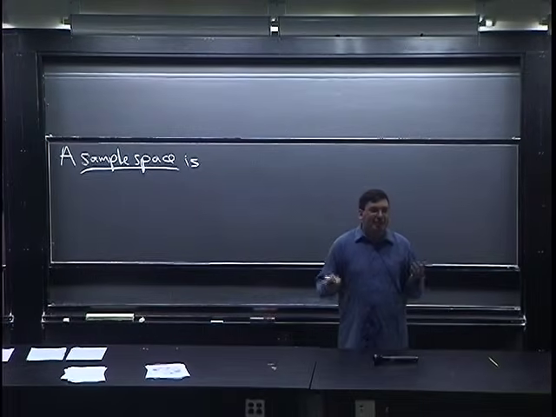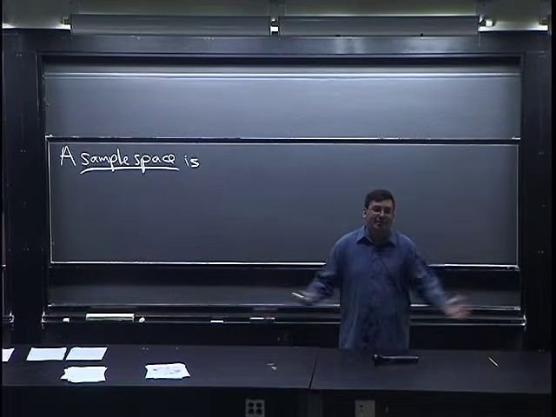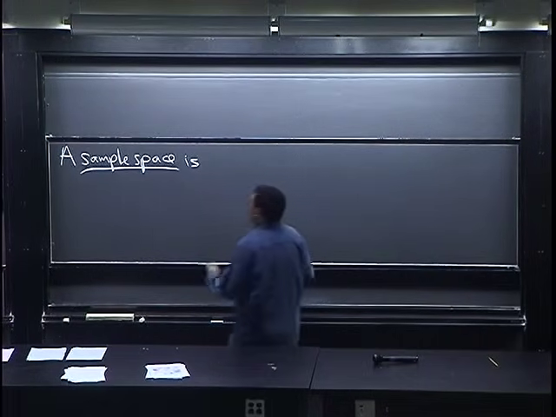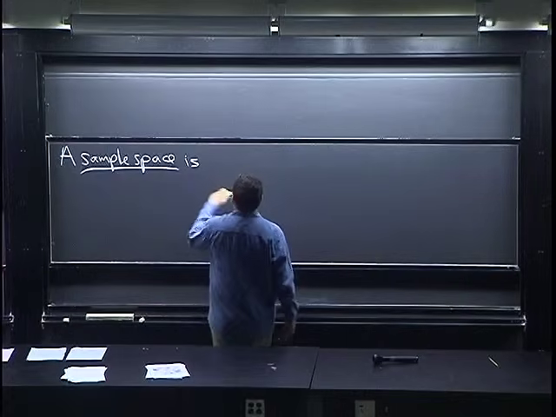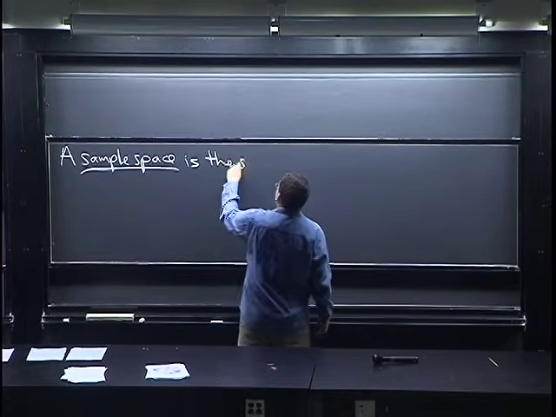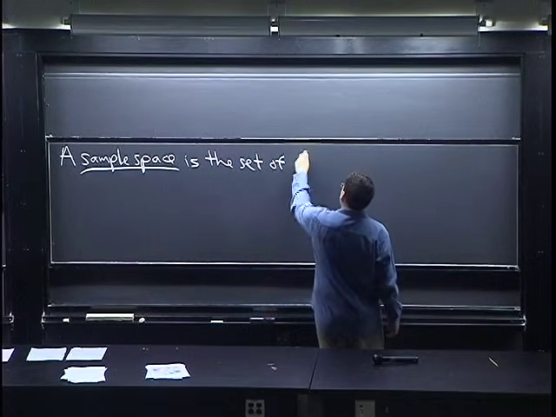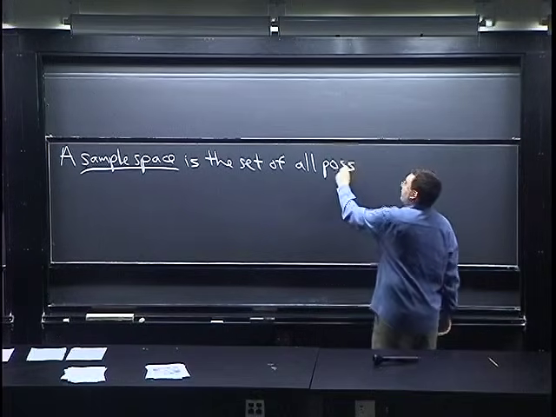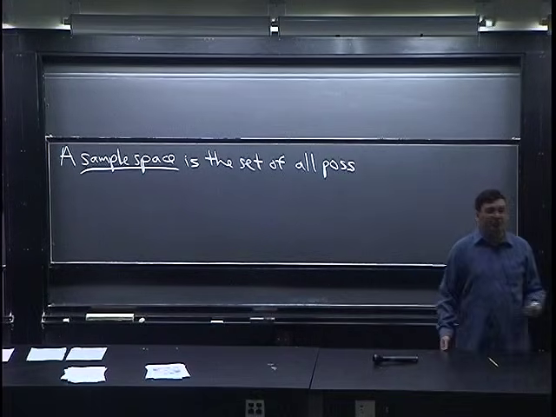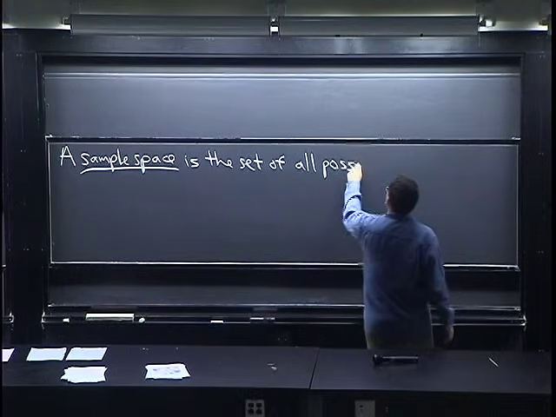What I just said was very, very general. That could describe any number of situations. So a sample space is the set of all possible outcomes of an experiment, and we can interpret experiment however we want.